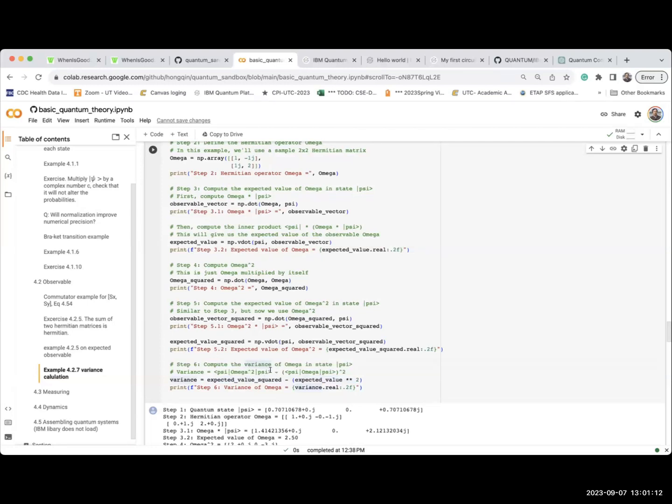This is actually using expected value minus expected value squared, basically the same thing.